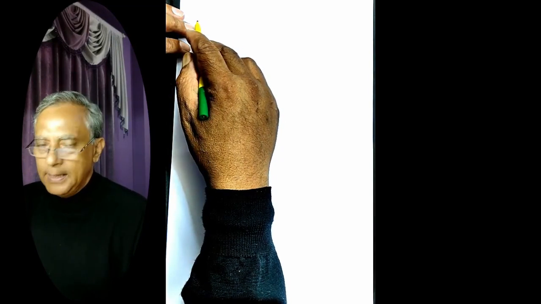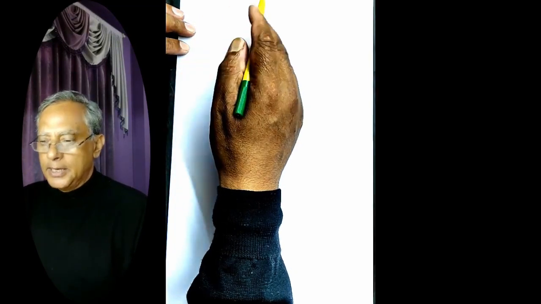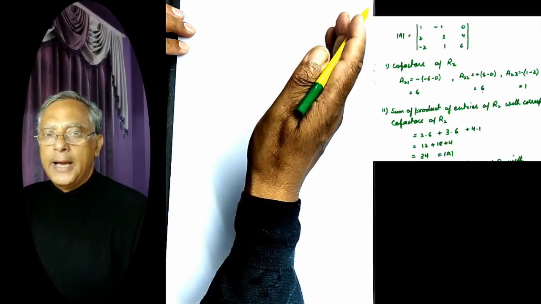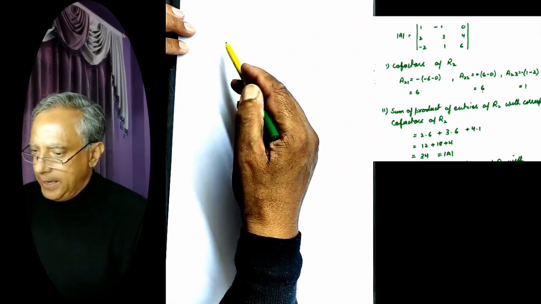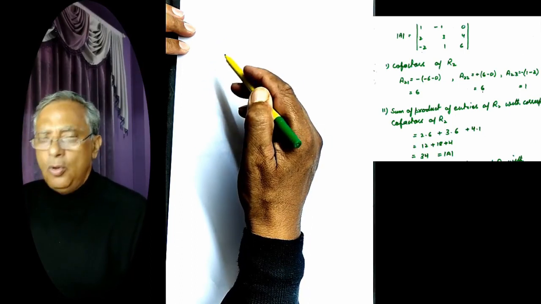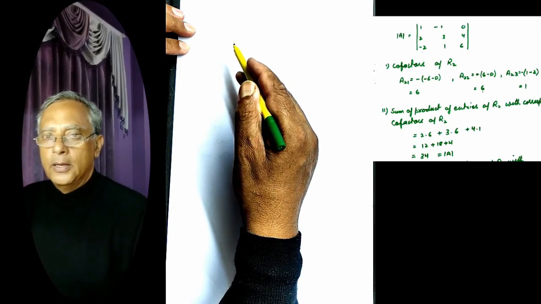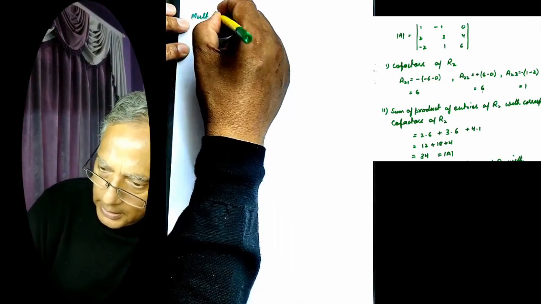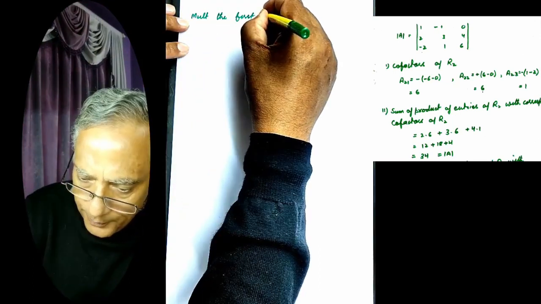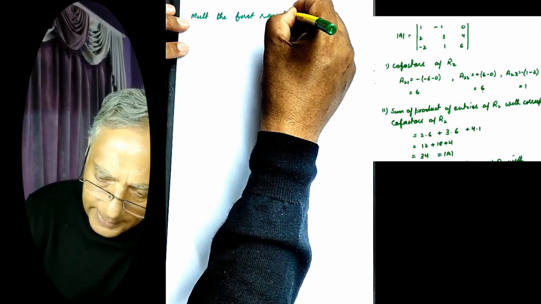Now for example, as we did in the last illustration, you can see the slide sheet. Determinant of A came out to be equal to 34. Now what we do is, we multiply the first row by 10.